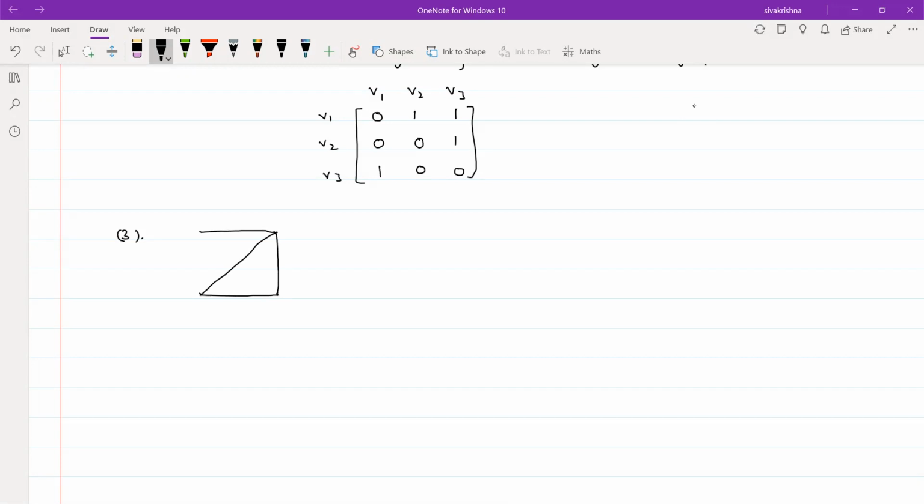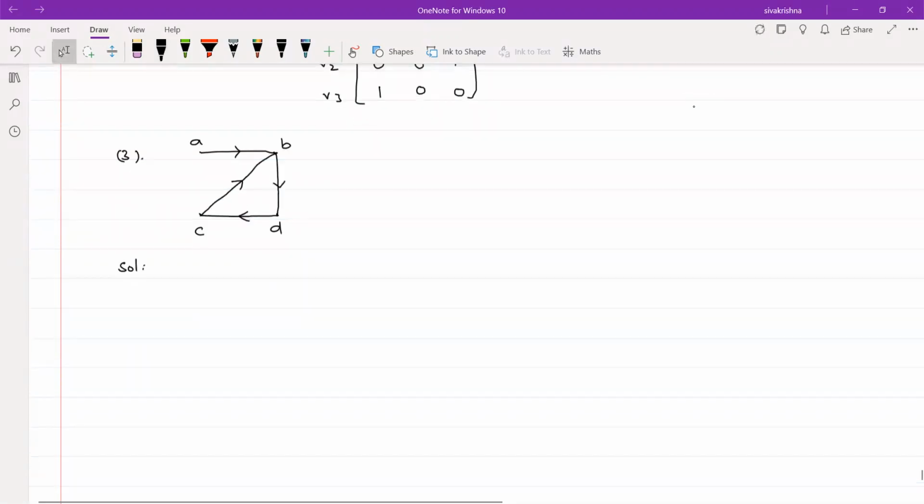So the names of the vertices are, now I am giving A, B, C and D. Okay, and the corresponding directions are in this way. Okay, this is the given digraph. So once again we have to write the solution. Okay, so we have 4 vertices A comma B comma C comma D in the given digraph.